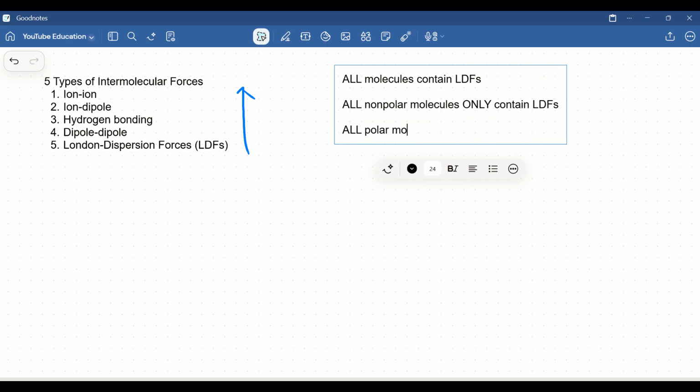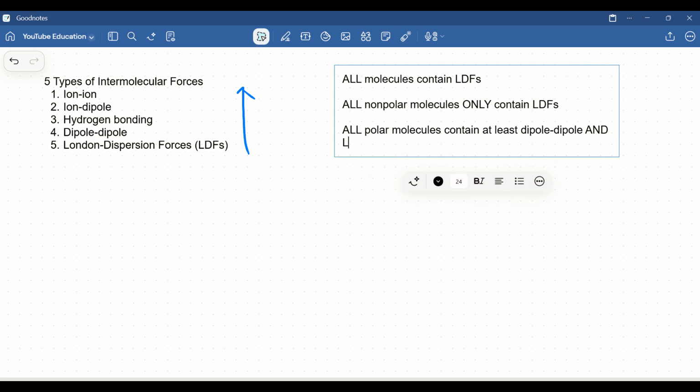All polar molecules contain at least dipole-dipole and London dispersion forces. If it is a molecule that has hydrogen bonding, it will contain dipole-dipole, London dispersion, and also hydrogen bonding. Water would be one such example that contains all three.